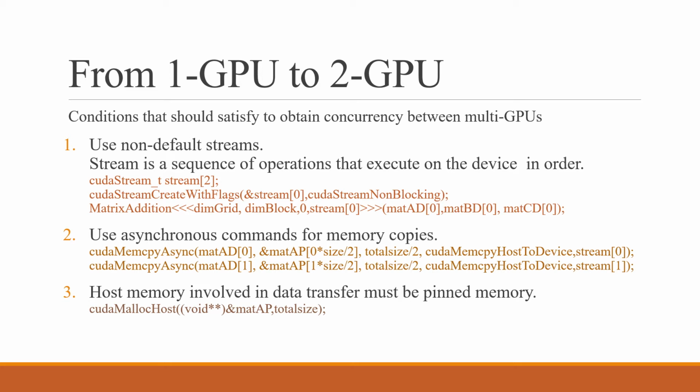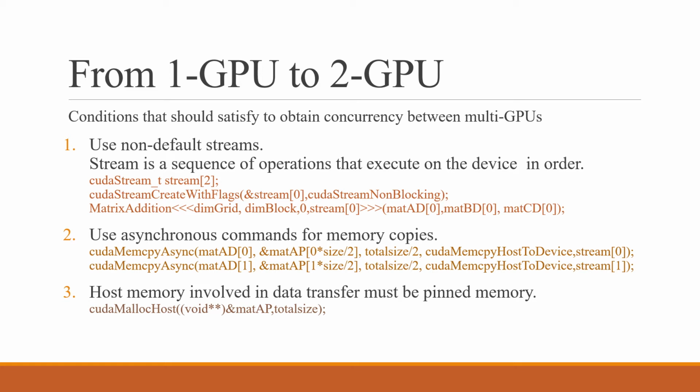If I use the default stream, which is stream 0, the program will execute synchronously. Synchronous means the first operation has to end in order to execute the second operation. If I use non-default streams, the program operates asynchronously.